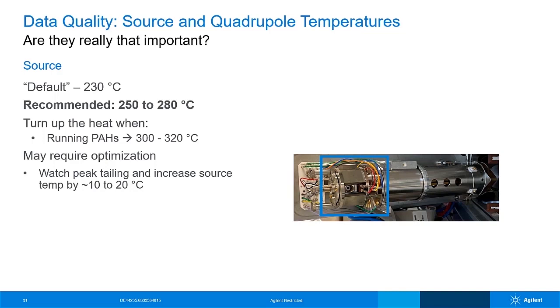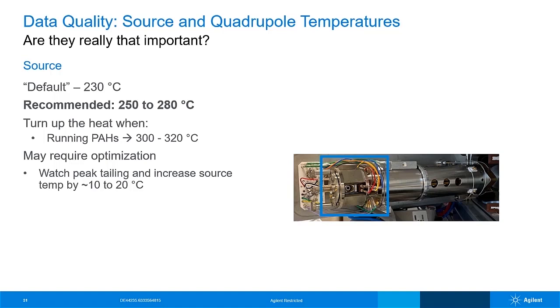But if you're doing liquid injections, the recommended temperature range is between 250 and 280 degrees Celsius. Generally, this range is warm enough to avoid peak tailing and compounds sticking to the source parts, but it also isn't so high that compounds degrade from the temperature.